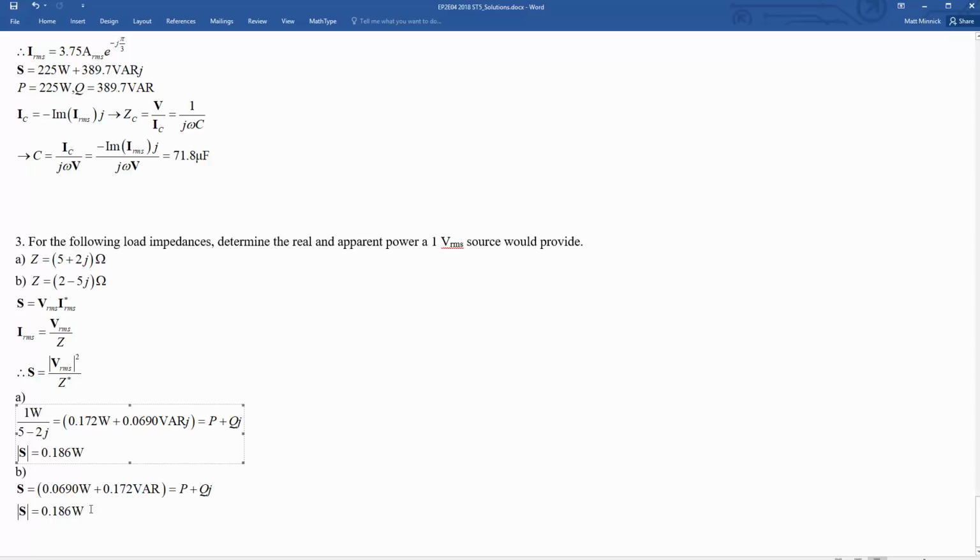The apparent power provided to each of these two different valued loads is identical. However, the actual power consumed is a fair bit higher in the first one. So just by going from the apparent power, you can't tell how much power is consumed. You need to know what the power factor is as well to know whether it's mostly a reactive load or mostly a real load.